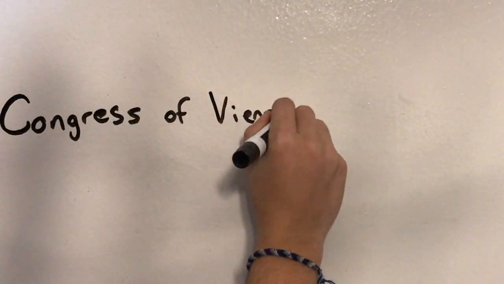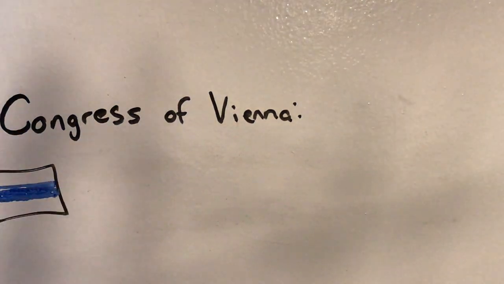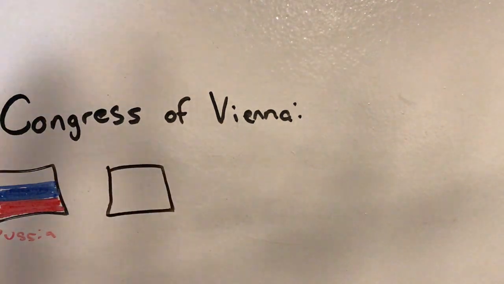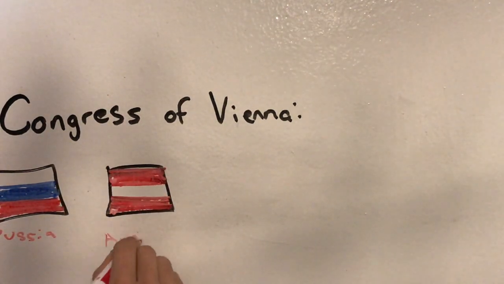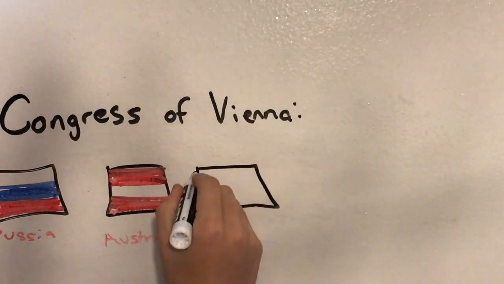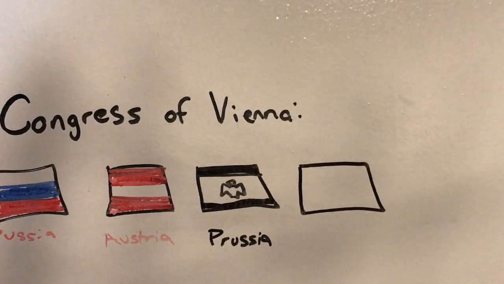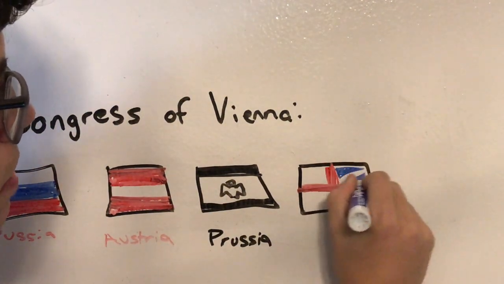Now, going back to last chapter, we have the Congress of Vienna. The Congress of Vienna convenes after Napoleon's final hurrah at Waterloo. Its purpose is to try to figure out how to deal with France. They want to make sure that no one power in Europe could become so powerful, just like Napoleon had.